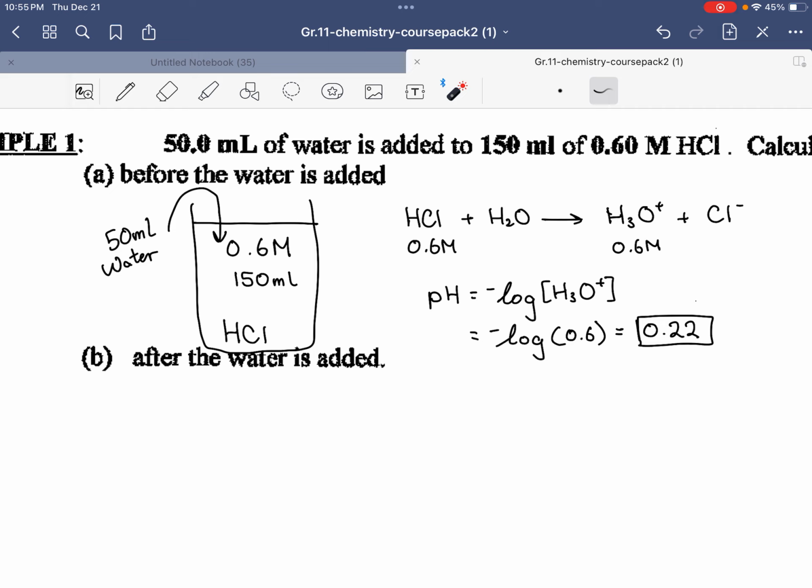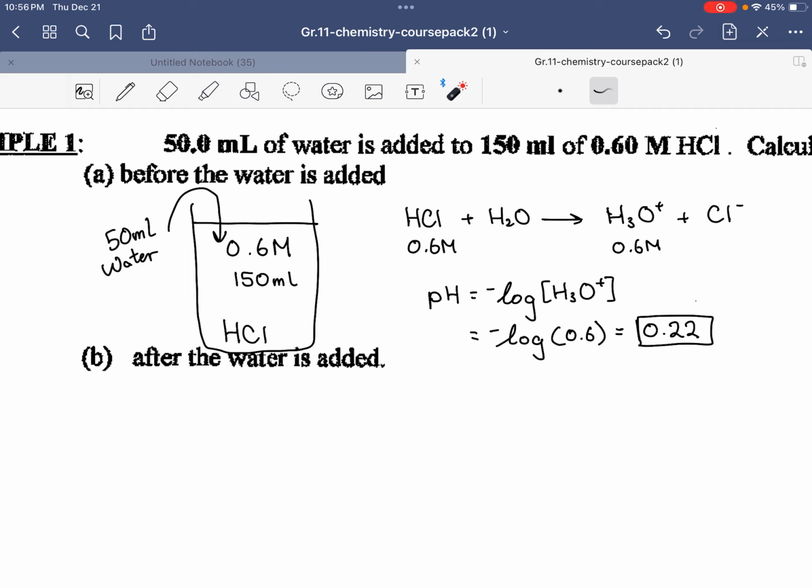By diluting, the concentration here will lower. Now, how much lower? We'll calculate that. If this is an acid, which it is, a lower concentration will raise the pH. So our prediction is the pH after adding in 50 milliliters of water will increase.